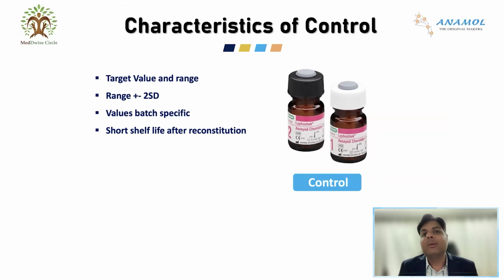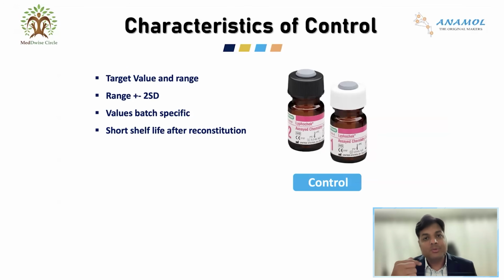This is very important to understand, because if I have two different controls from the same manufacturer, the value of glucose in the first lot number will be different from the value of glucose in the second lot number.